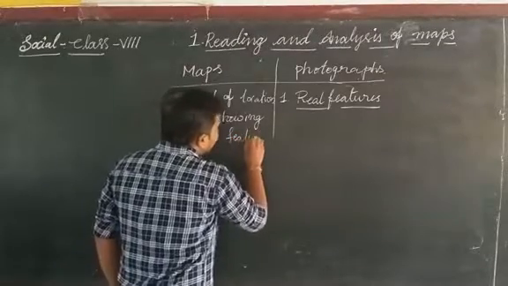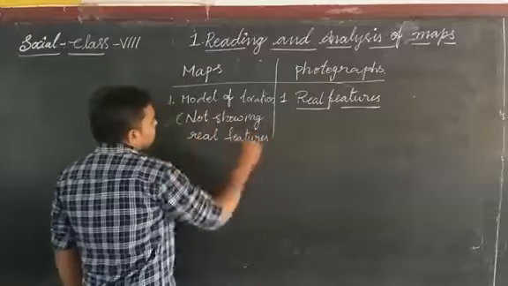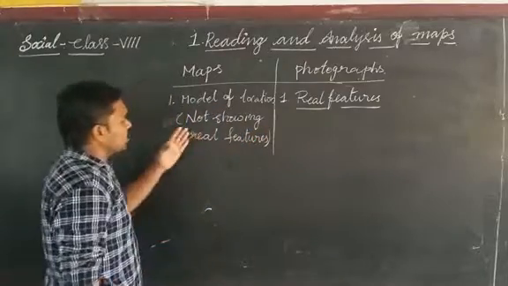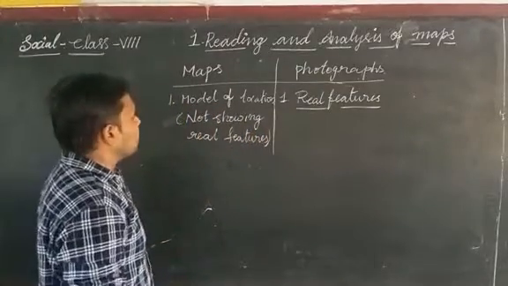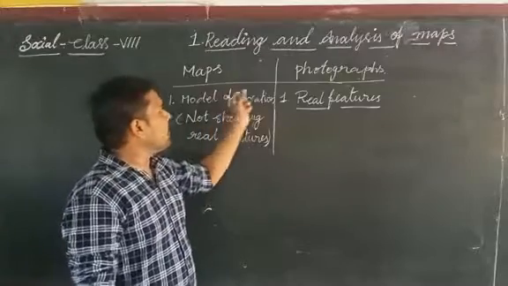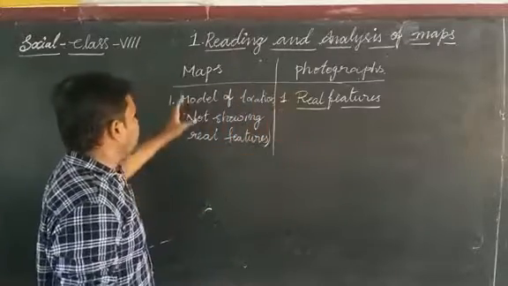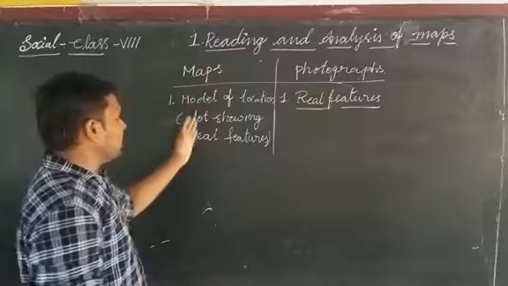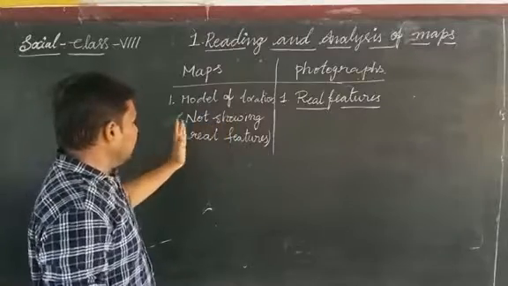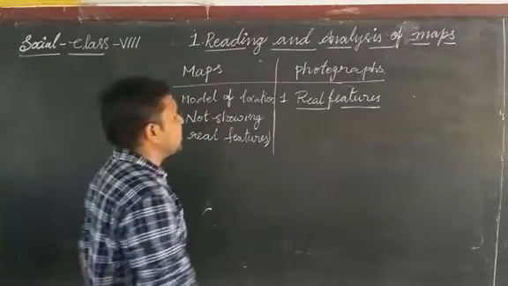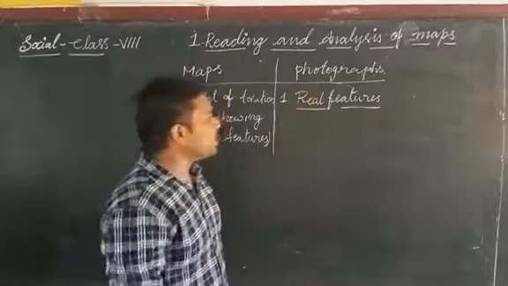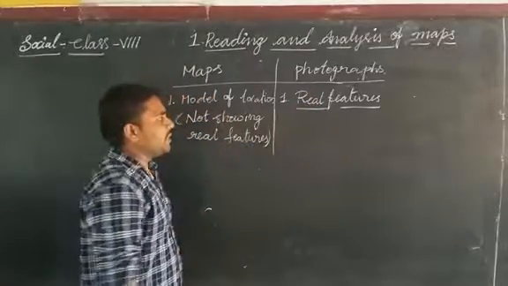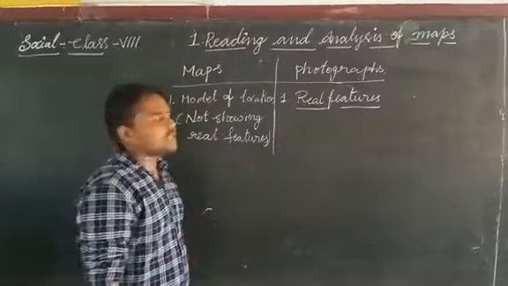This is the major difference between a photograph and a map. The main difference is that maps are models of locations and do not show the real features, whereas photographs show real features of the image or the location.